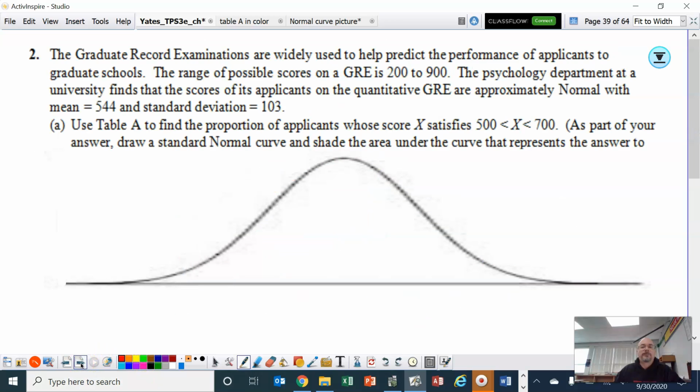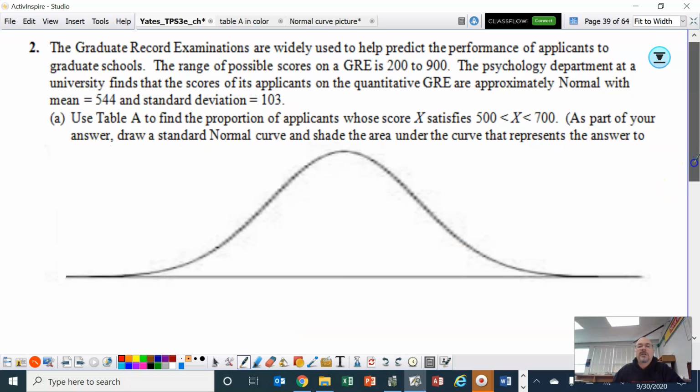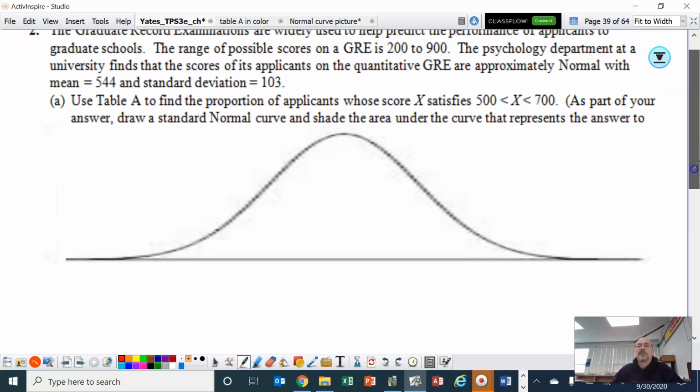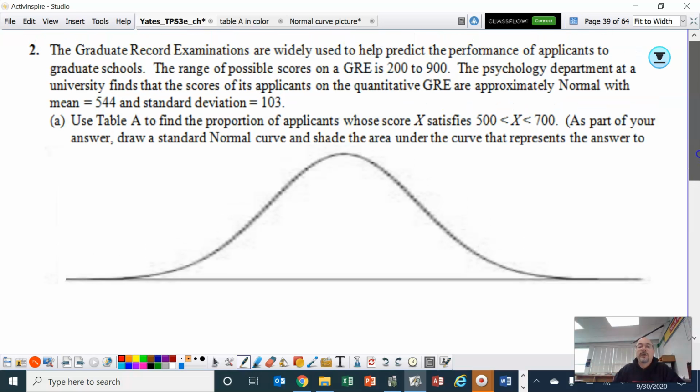All right, moving on. The graduate record examinations are widely used to help predict the performance of applicants to graduate schools. The range of possible scores on the GRE is 200 to 900. The psychology department at a university finds that the scores of its applicants on the quantitative GRE are approximately normal with mean of 544 and a standard deviation of 103.